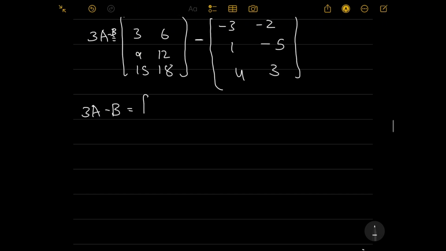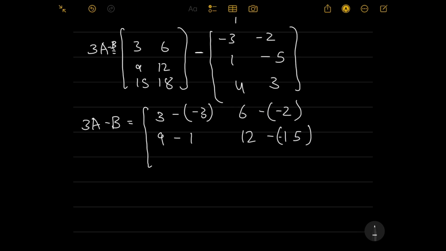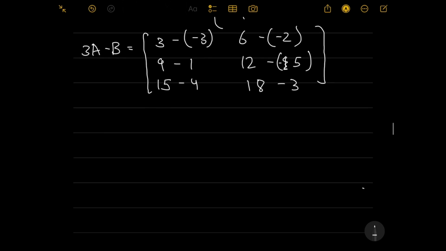So 3A minus B equals 3 minus 3, then 6 minus minus 2, 9 minus 1, then 12 minus 5, not 15, it's 5, 15 minus 4, and then 18 minus 3.